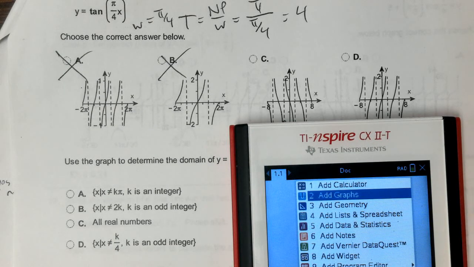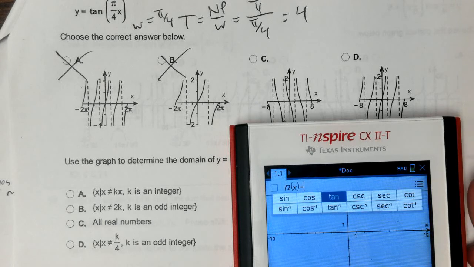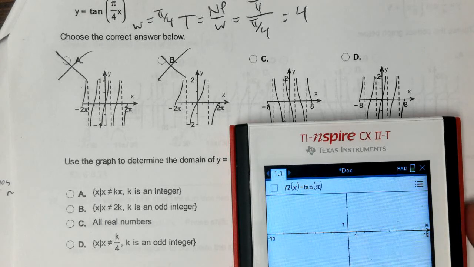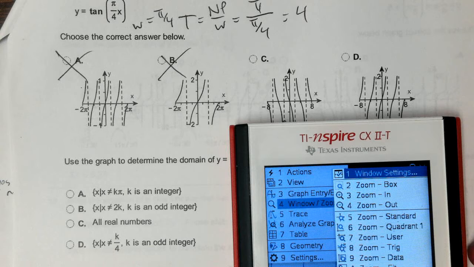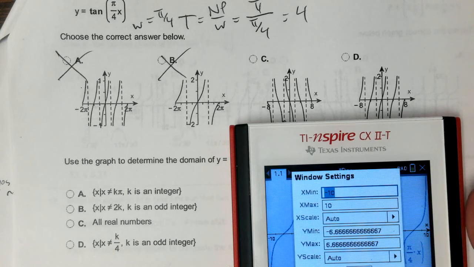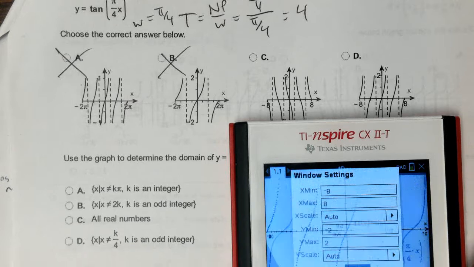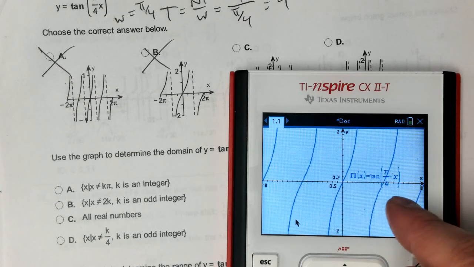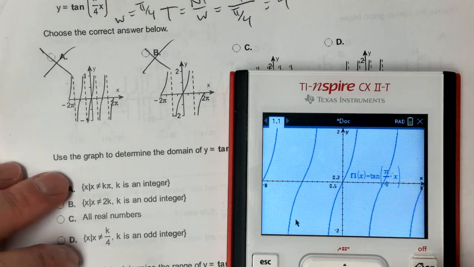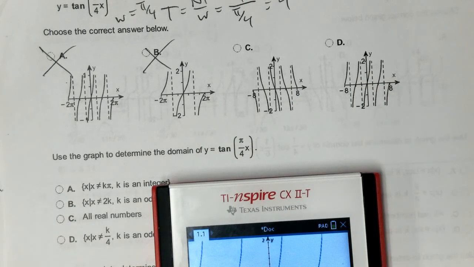So we want tan pi fourth x, and we want to go from negative 8 to 8 and negative 2 to 2. Okay, so it goes through the origin because it's tangent, not shifted left or right any, and it's D.